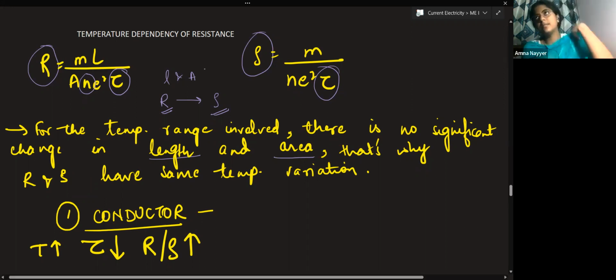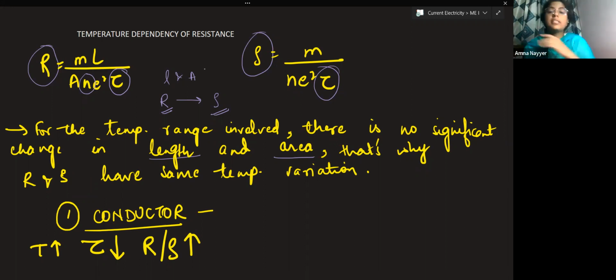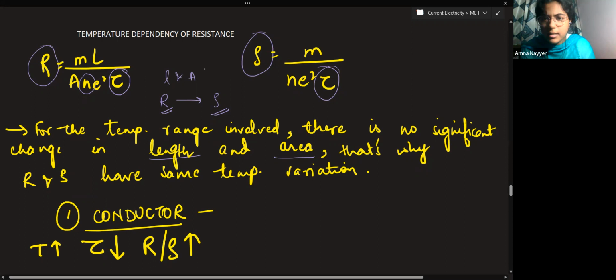Resistance and resistivity, as we have done in earlier years, are related by the formula R = rho L divided by A. We had seen many other formulas of resistance too.